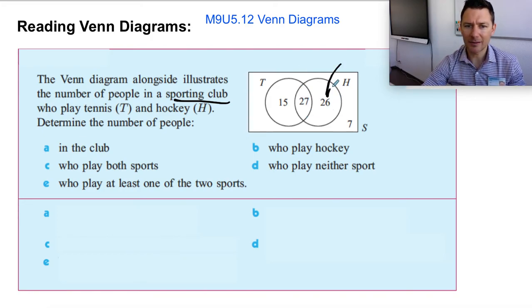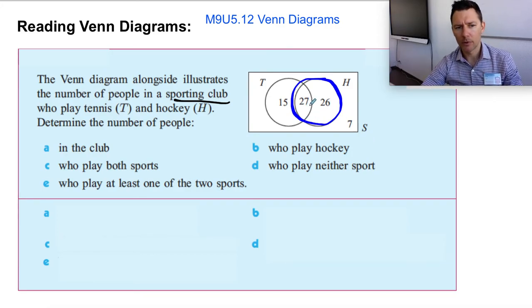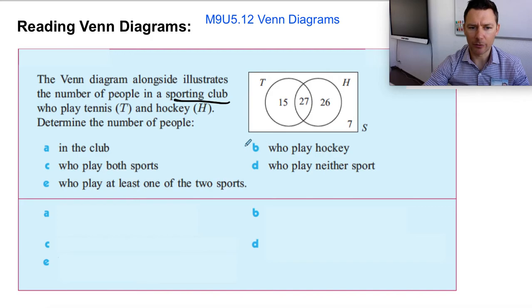There are 26 people that only play hockey. They're right here. So how many people in total play hockey? Well, if you think about it, I guess so we're doing B, right? If you think about it, these people, some play only hockey, some play both.